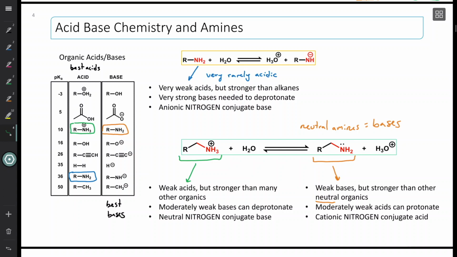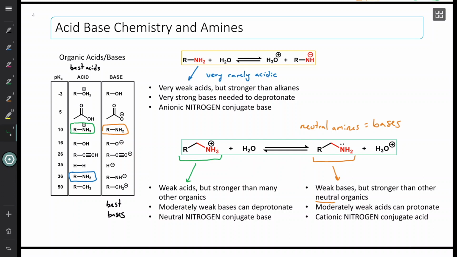And again, when it acts as a base, then you get the cationic conjugate acid, right? So if you see a neutral amine, it's acting as a base, and if you see it protonated, then it's a pretty weak acid, but this also wants to give up that hydrogen and go back to the neutral.